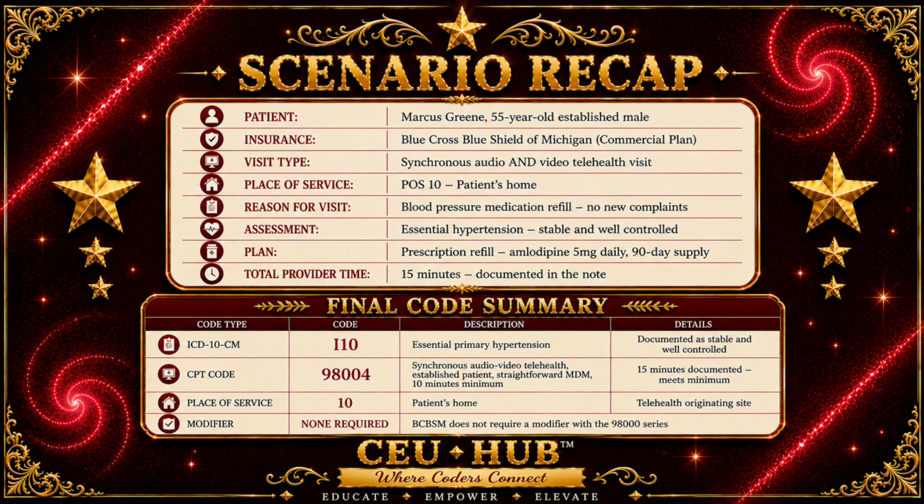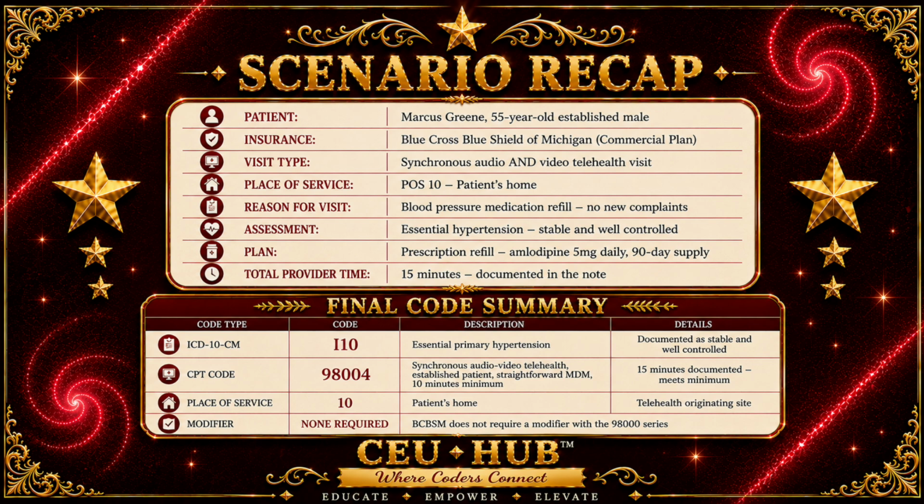Let's do a quick recap. I10, essential primary hypertension, that is our diagnosis code, and that is documented in the assessment as stable and well controlled. The 98004 for the synchronous audio and video telehealth, established patient, straightforward, 15 minutes.